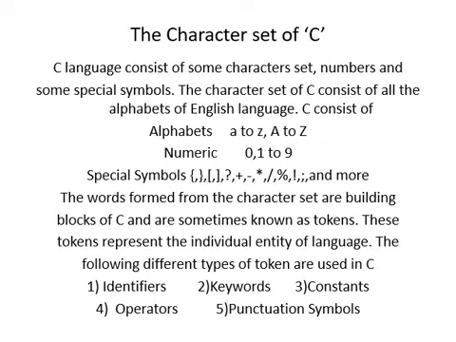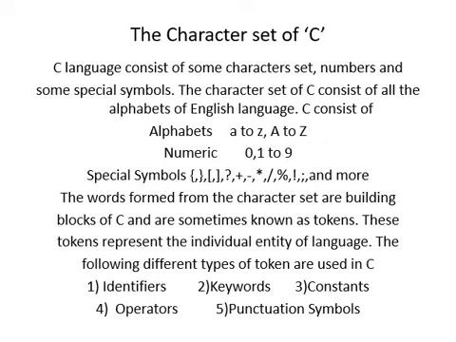The character set of C language. The C language consists of character sets that are letters, numbers and specific symbols. The character set of C consists of all the alphabets of English, that is small a to z and capital A to Z, digits 0 to 9, and specific symbols like parentheses, square brackets, question mark, asterisk, the arithmetic symbols, the exclamation symbol and dot.